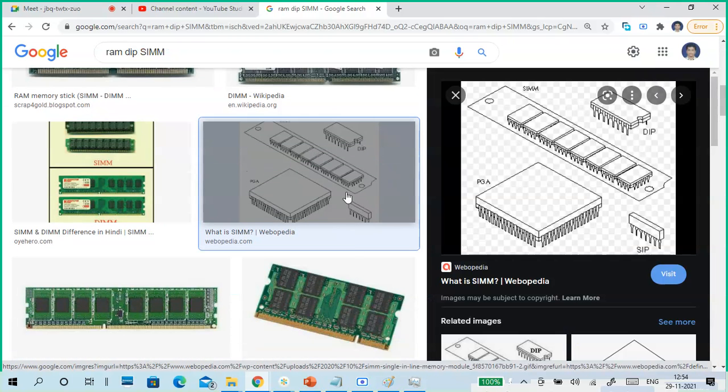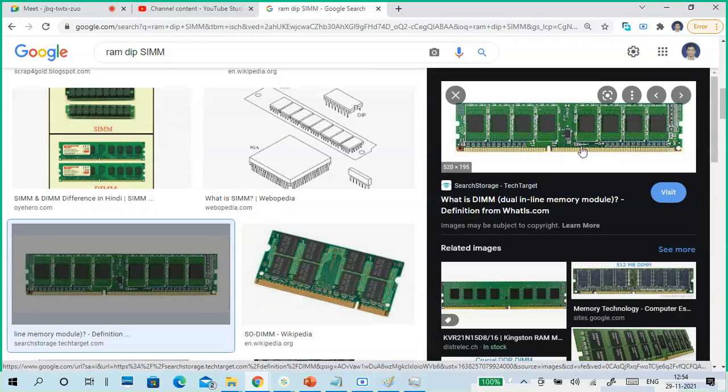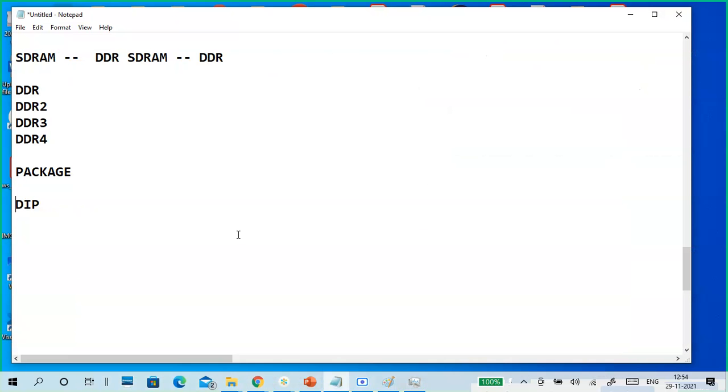Later on, SIMM and DIMM kind of packages came. SIMM means single inline memory module.